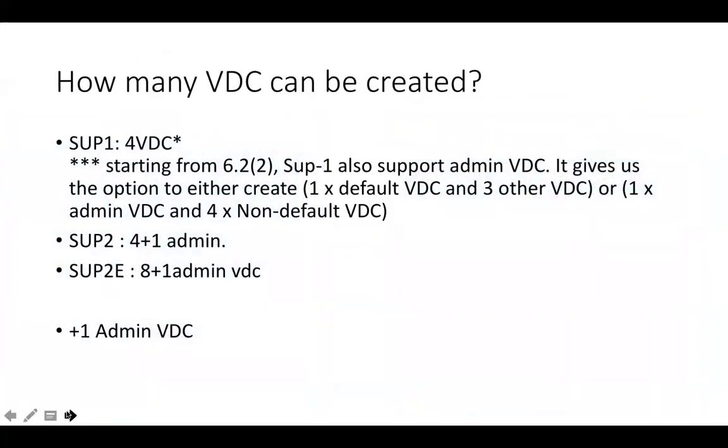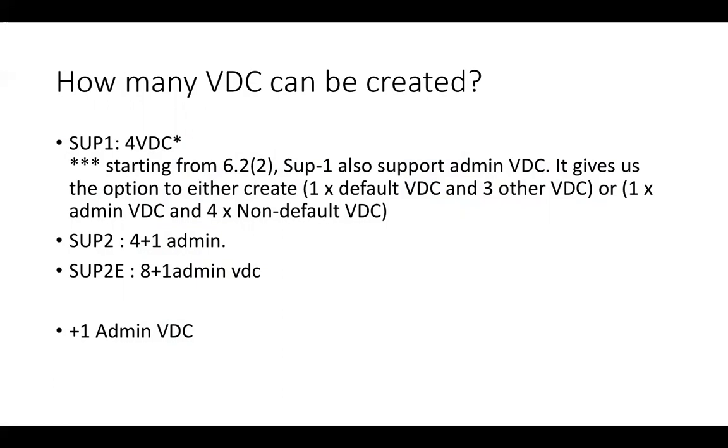How many VDCs can be configured or created? It depends on which supervisor engine we have. We have different types of supervisor engines for Nexus 7K: SUP1, SUP2, SUP2E. If we have SUP1, then we can create 4 VDCs.